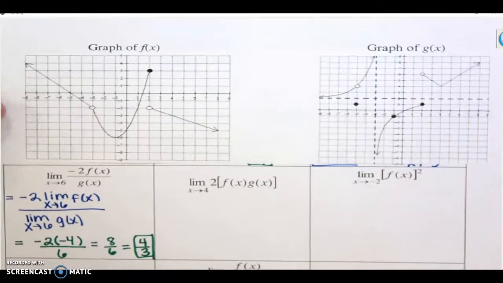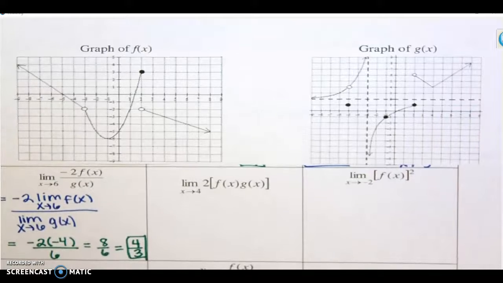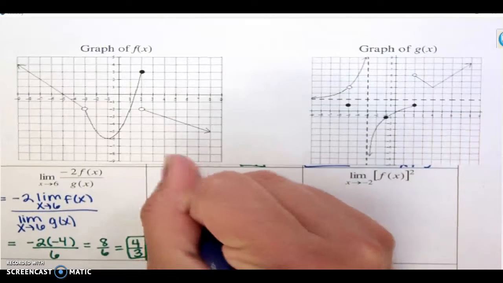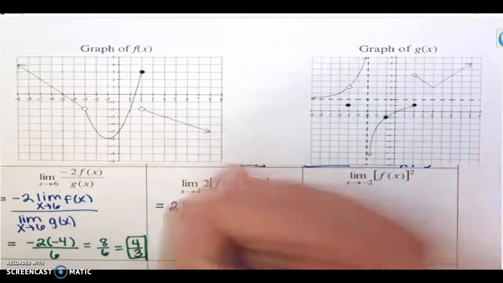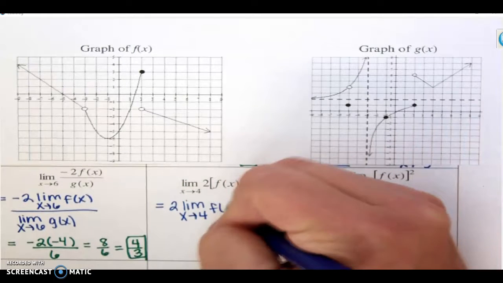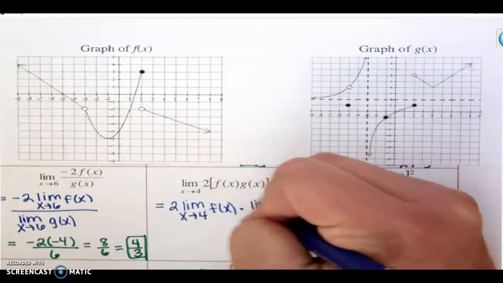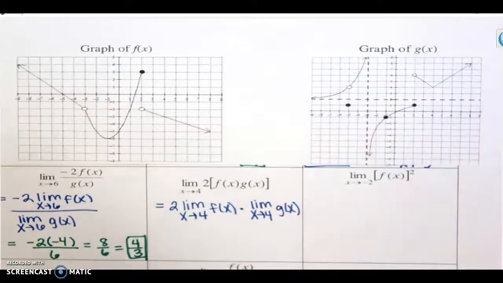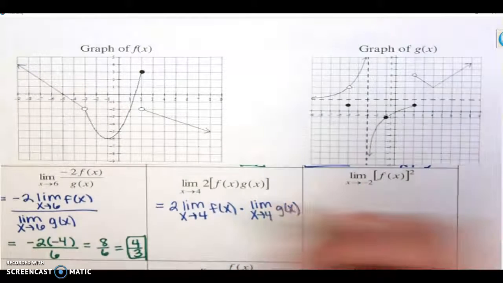Alright, so the next one, we have this constant 2 that we can bring out front. So this is the same thing as 2 times the limit as x approaches 4 of f of x times the limit as x approaches 4 of g of x. So equals 2.